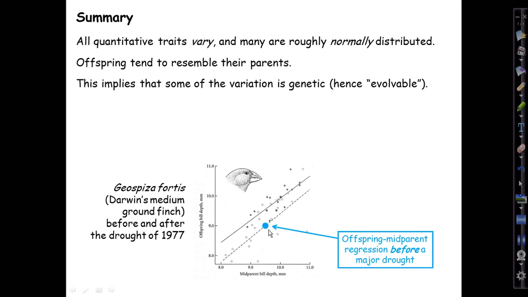Here's the joint mean of parental and offspring phenotypes, that is beak depths, before the drought, and here it is after the drought, where it's been shifted upward, both in the parents and even more so in the offspring, lifting the regression line for 1978.